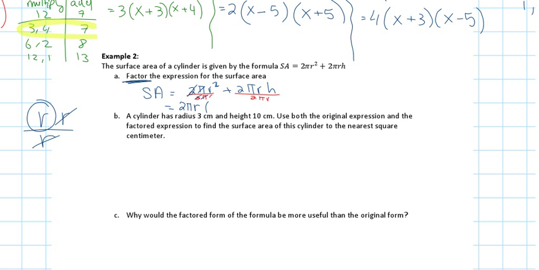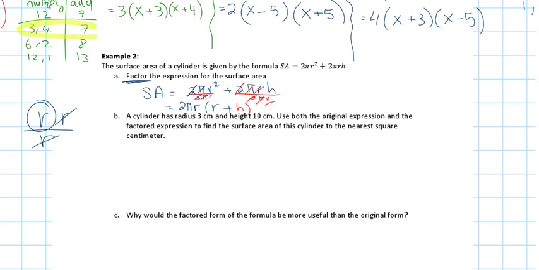Okay, now, if I cancel this out, 2 and 2 cancel, pi and pi cancel, r and r cancel, so what do you have left? H. So, it's 2 pi r multiplied by r plus h.